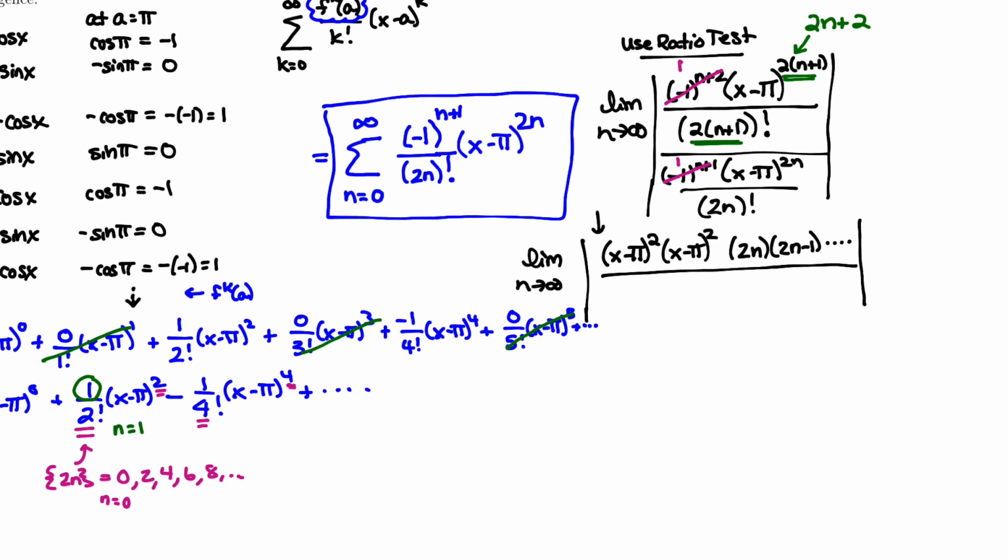On the bottom, if I expand out my 2n factorial, I have 2n plus 2 times 2n plus 1 times 2n times 2n minus 1, dot, dot, dot. And when I flip and multiply the bottom, I have x minus pi to the 2n. And let's see if you guys are getting the same thing I am. Oh, whoops. I didn't put the n on here. He cancels. He cancels.